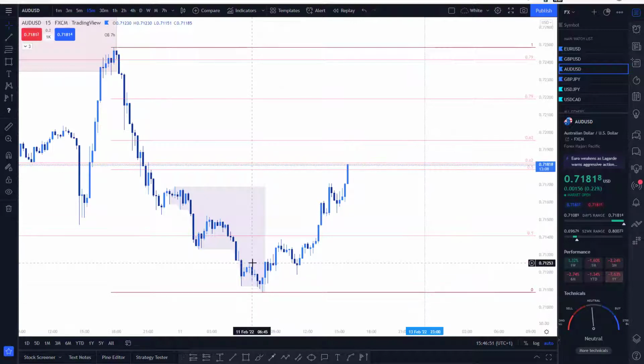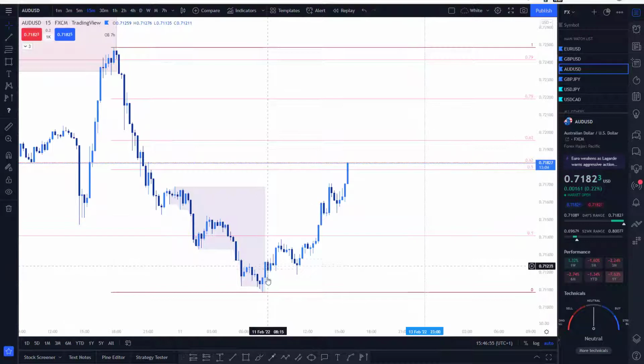The first change of character happened here and made the push down, up, and push down, and the structure is still bullish here. And we are tapping now into the premium zone with this last push up, and now we will see.